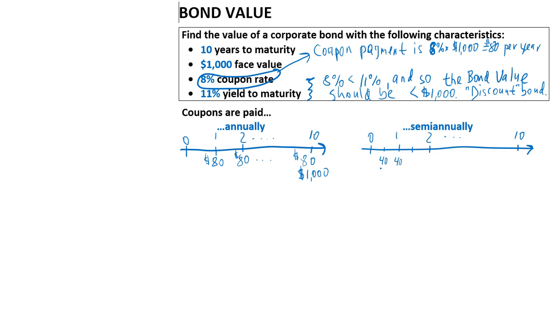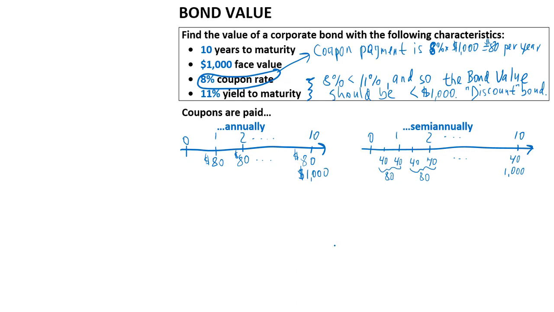After the second half a year, another $40. Altogether, we give the $80 coupon payment for the year, and that will continue until the end. So at the end of year 10, the company will pay back the last $40 semi-annual coupon amount plus the usual $1,000 face value, right? So this is the difference, and this slight difference will actually affect our calculations quite a bit.